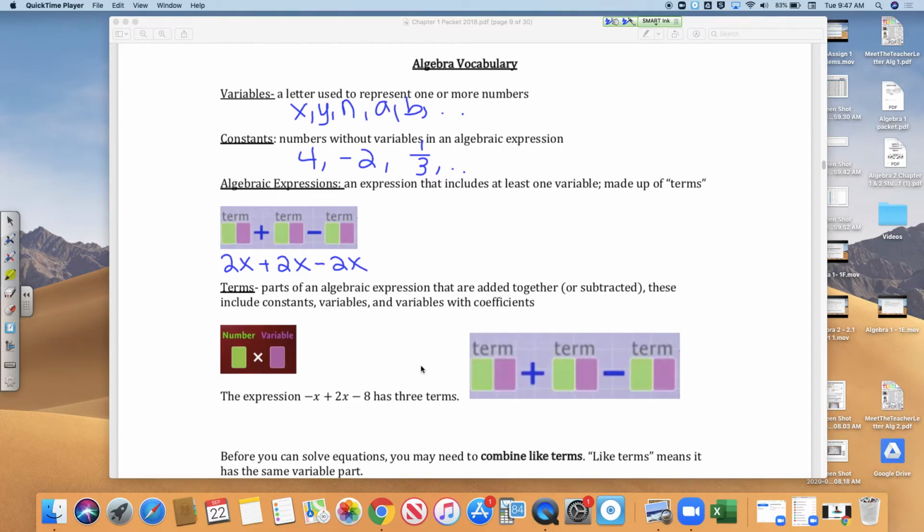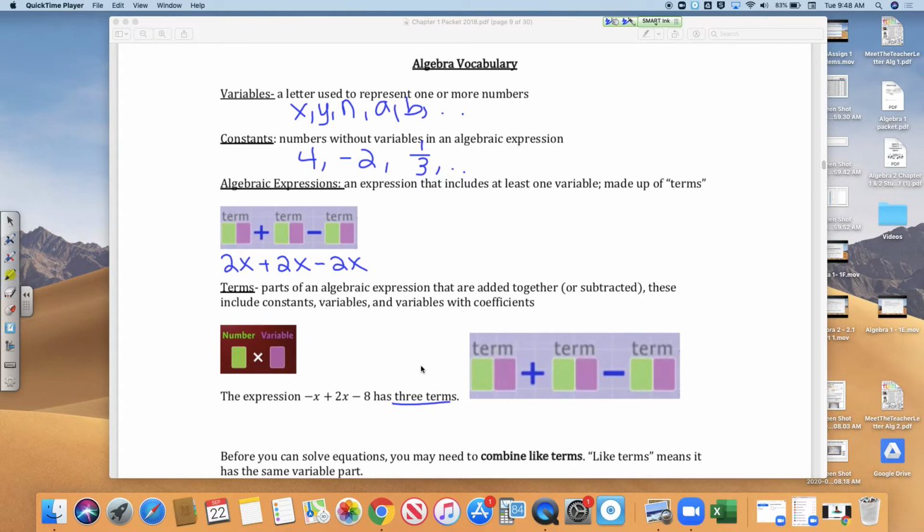All right. Terms are part of an algebraic expression that are added together or subtracted, and they can be constants, variables, and variables with coefficients. So the expression negative x plus 2x minus 8 has 3 terms in the beginning. But if I was to simplify things, they might simplify down to have less than 3 terms. So that's the next part.